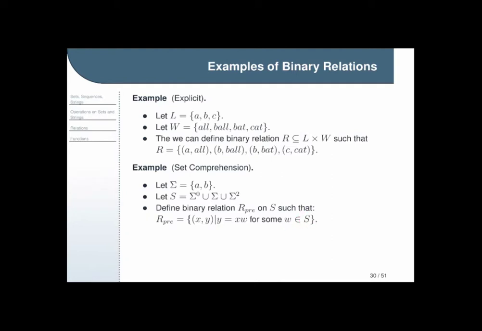Now, if you are the type of person who just looks at that definition and it suddenly makes sense to you the first time you see it, you are very fortunate, and you can probably stop watching the video. For everyone else, I'm going to work through it. And I hope that as I do that, it will become clear what this relation is all about.